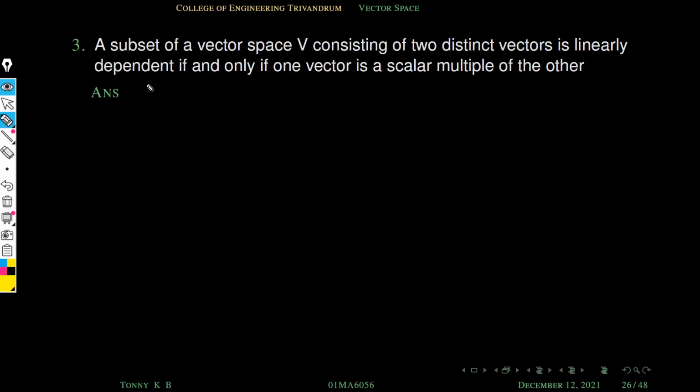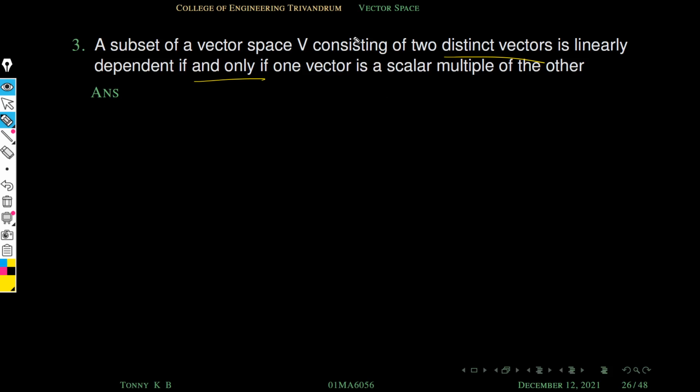Next example. It's a very important result. A subset of a vector space V consisting of two distinct vectors is linearly dependent if and only if one vector is a scalar multiple of the other. This is an if and only if criterion, an equivalent criterion.